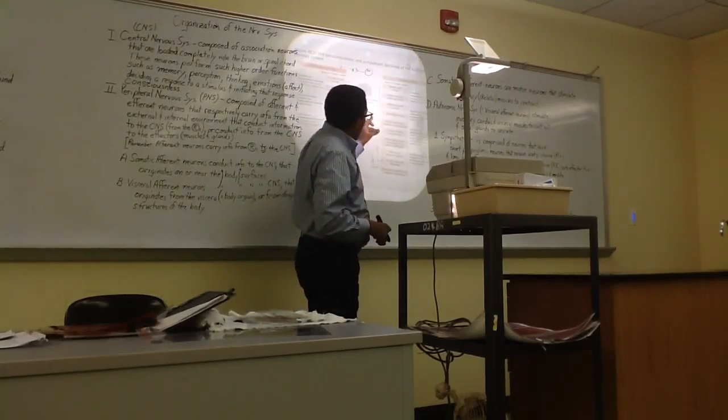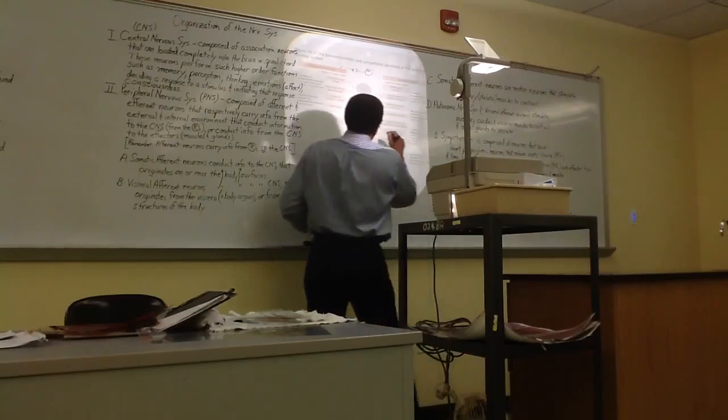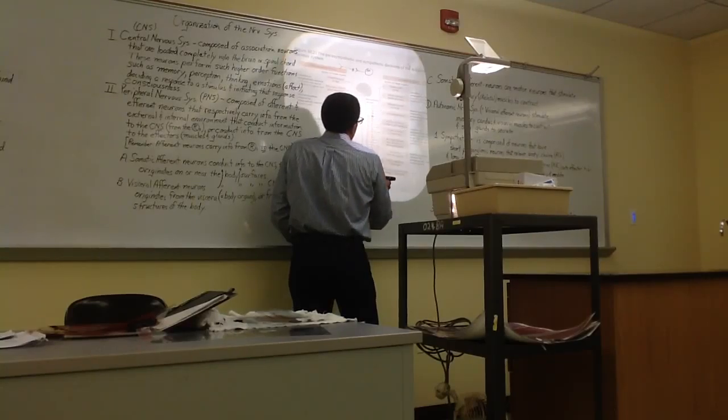So notice that sympathetic neurons have short preganglionic fibers. Here are the ganglia represented by these dots. And this is a short line representing short preganglionic fibers that are synapsing on these nerve cell bodies.